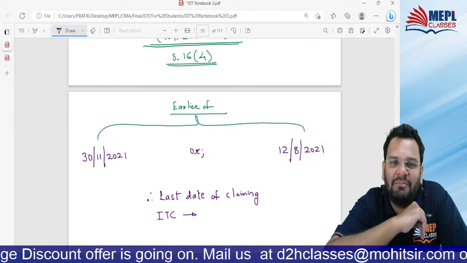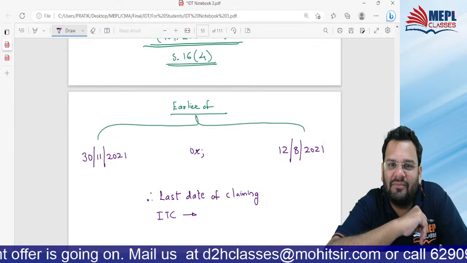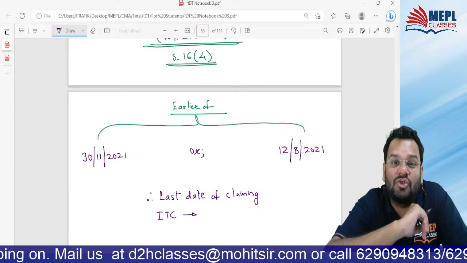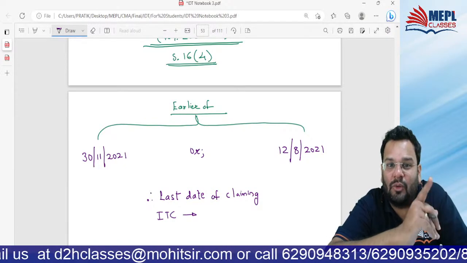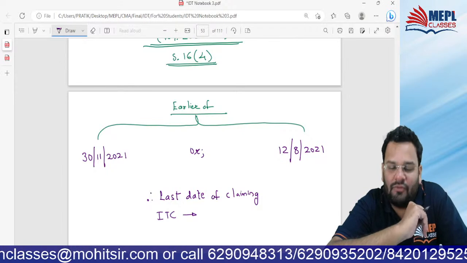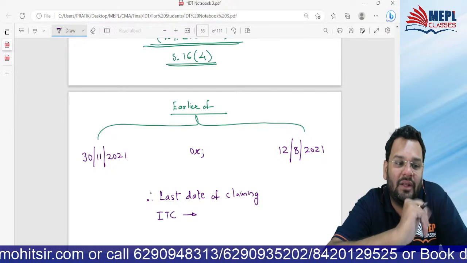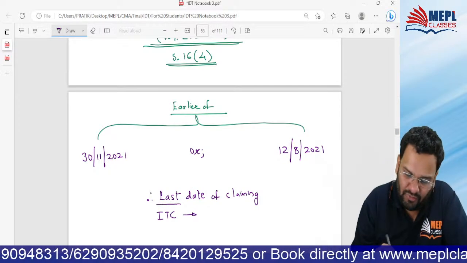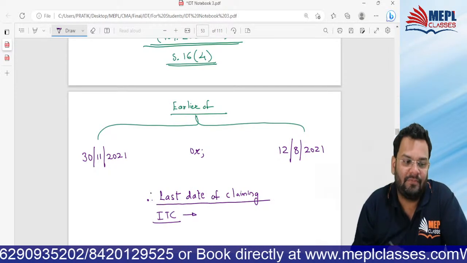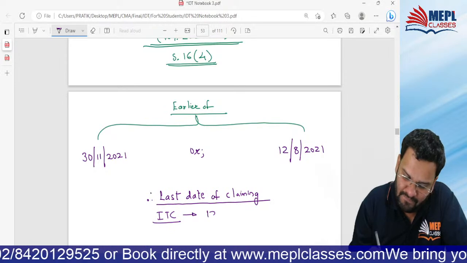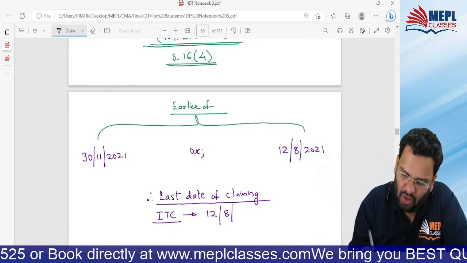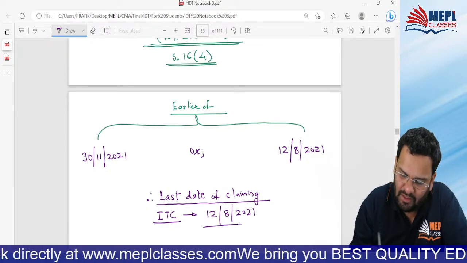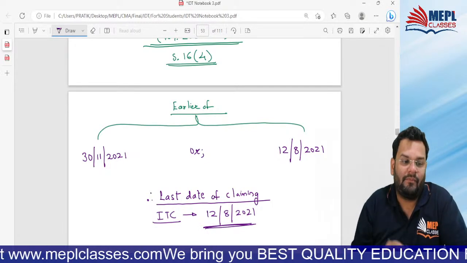That is 30 November 21 in this case, or actual date of filing annual return for 2021, which you have filed on 12th August 21. Yes. So what is the last date of claiming ITC in this case? It is 12th August 2021. Agreed?